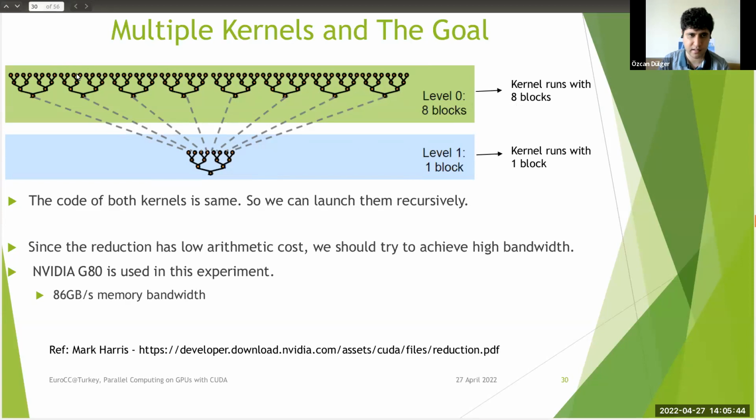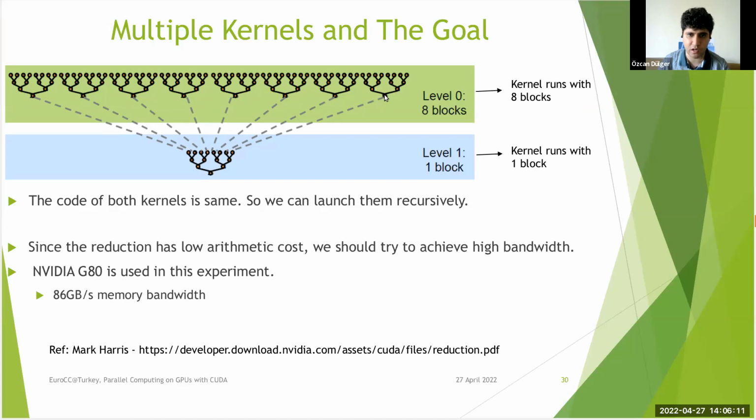As you see, each block performs a reduction. There are tree-based approaches here, and each block performs reduction over some portion of the data, and they produce a single output. Here, 8 single outputs are produced, and we need to combine them to get the overall output.